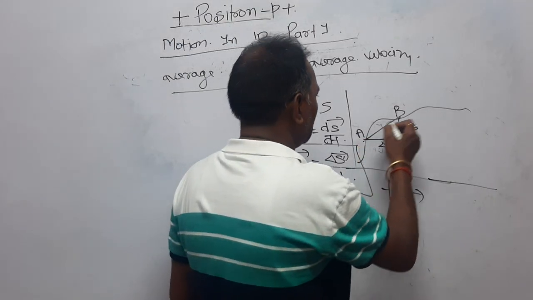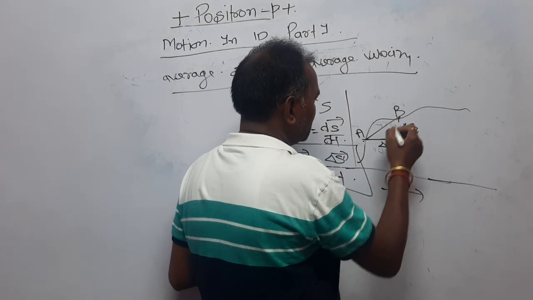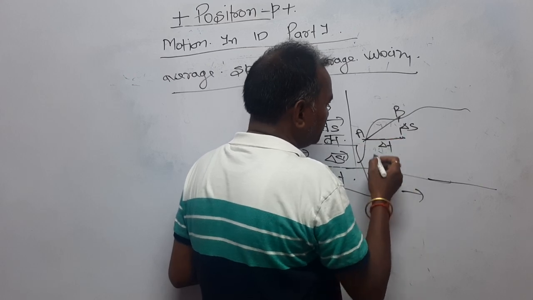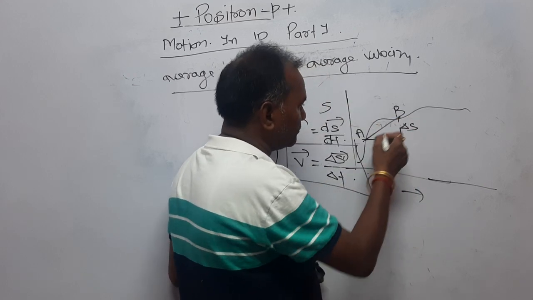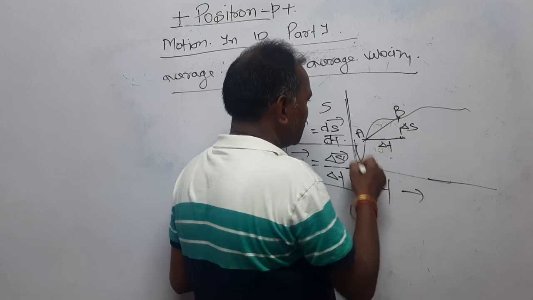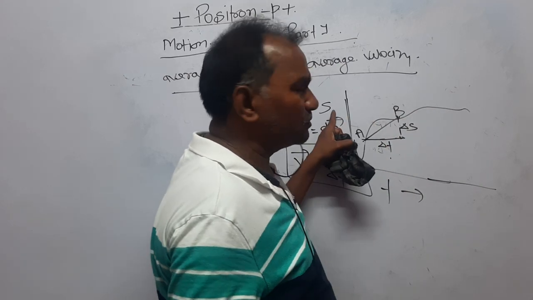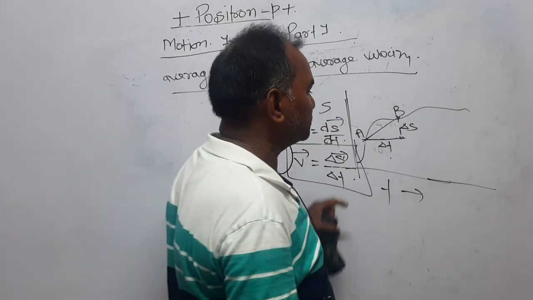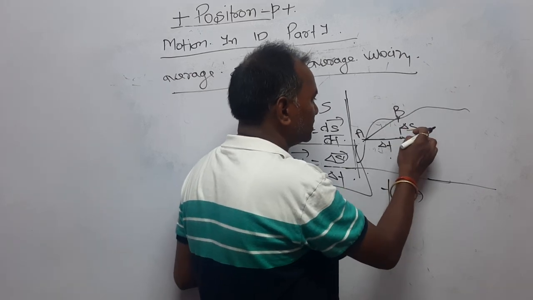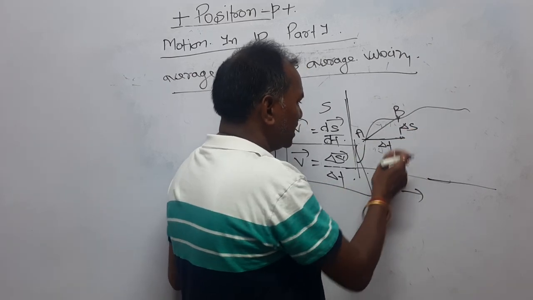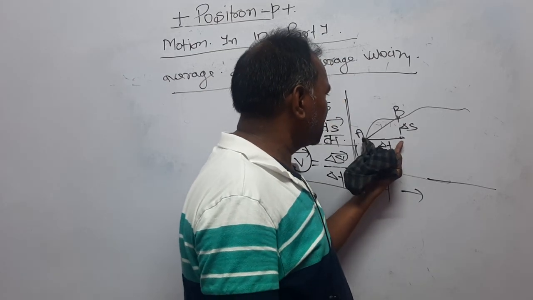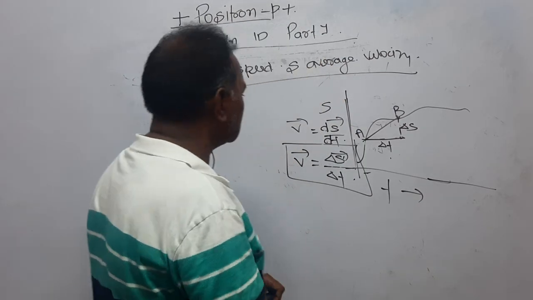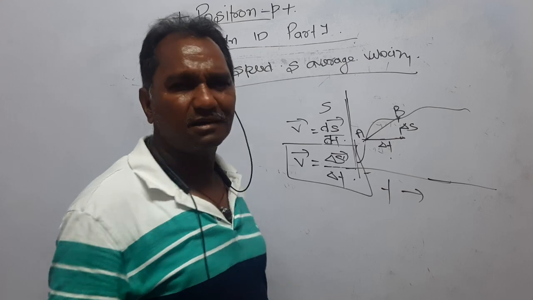So between A and B, I have made a triangle. From A, I drew a line parallel to the x-axis, and from B, a line parallel to the y-axis. The y-axis, the ordinate, represents displacement, so it is a little displacement delta s, and the x-axis represents time, so it is a little time delta t. So the velocity becomes delta s upon delta t.